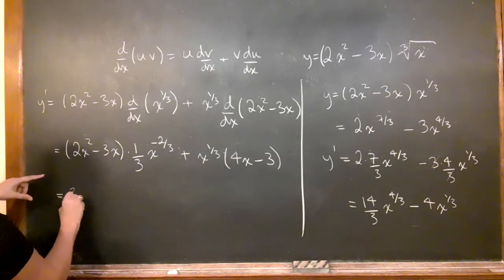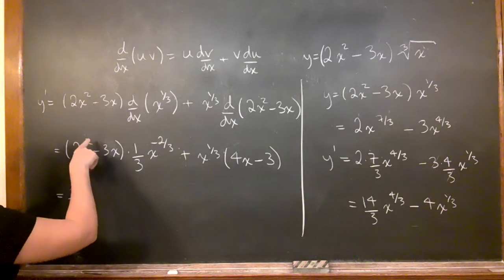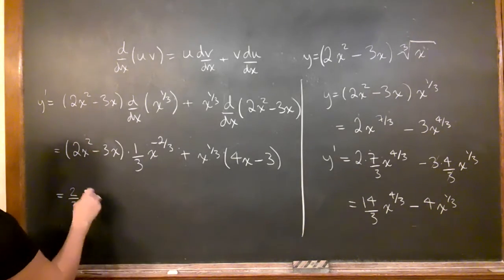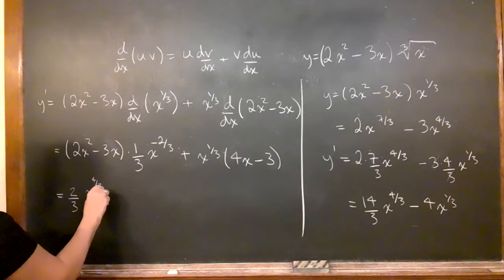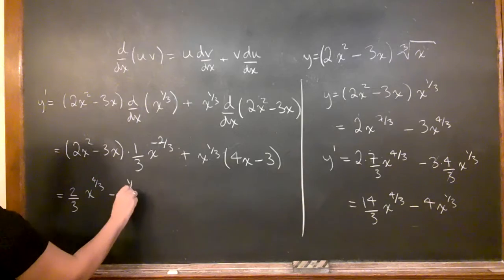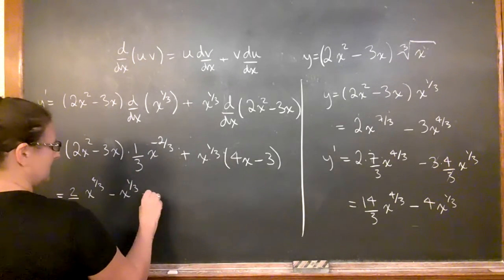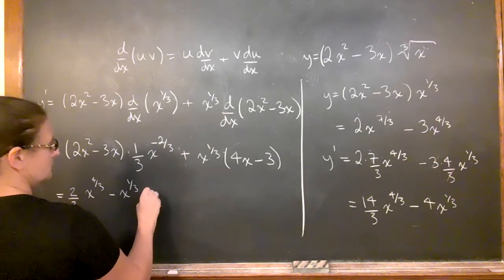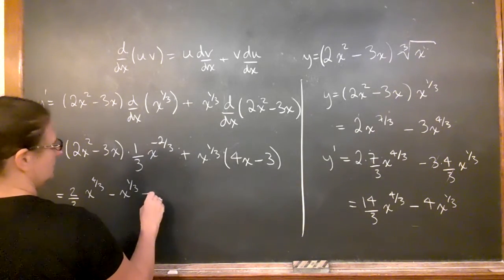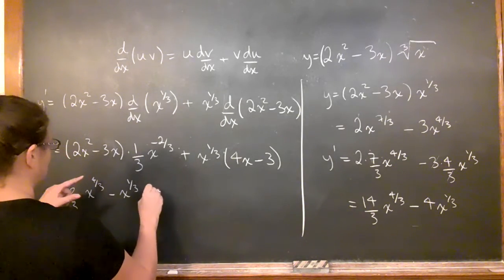Okay, again, that's what I've got here, 2/3, and then this would be x to the 2 minus 2/3, so 6/3 minus 2/3 is 4/3, minus x to the 1 minus 2/3 is 1/3, because the 3's cancel. Then here I've got plus, wait a minute, what's happened here?